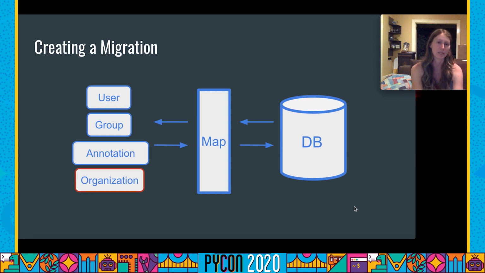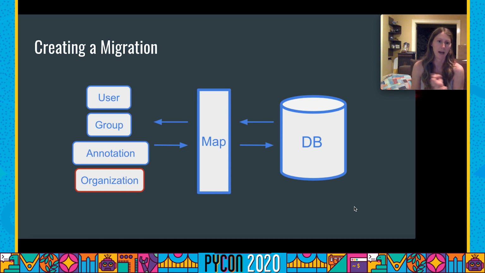Commonly, database migrations, just like when you're developing a feature, may take multiple PRs to get there, or in this case, multiple migrations to reach that final desired state. So here, for example, we're adding a new organization table and the concept of organizations into our database, and that's going to require several steps.